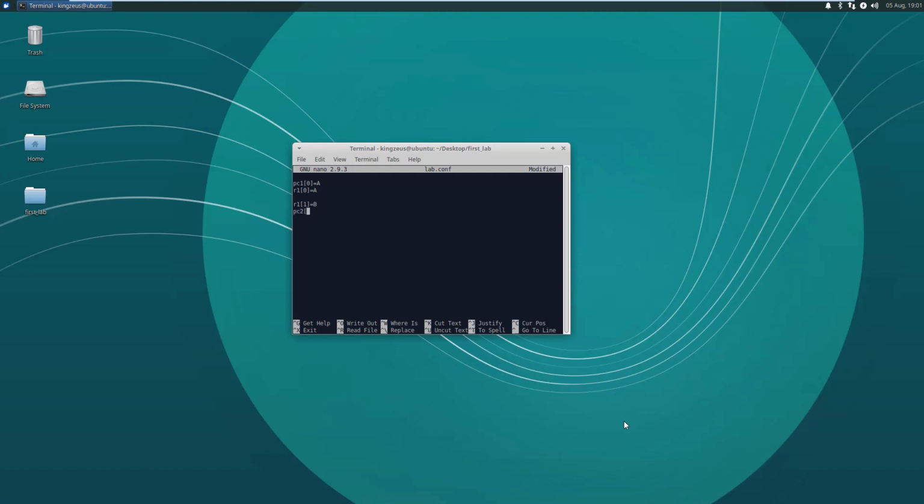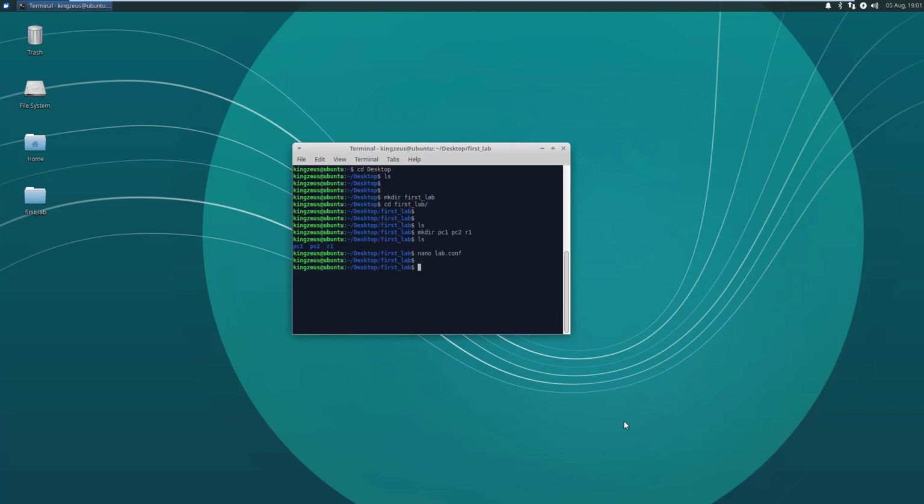And then PC2 0, and then B. Again, 0 indicates Ethernet interface 0. So PC2 has Ethernet interface 0, which is in domain B. We are going to save it. So that's our lab right there.